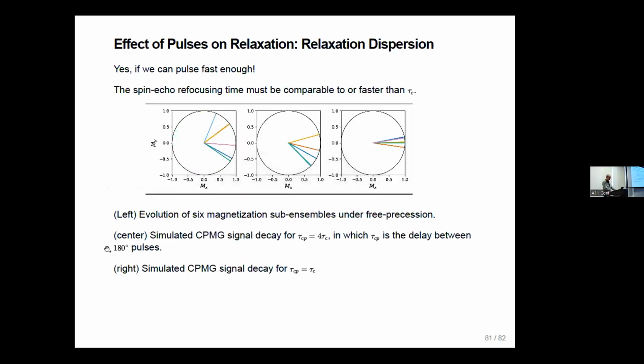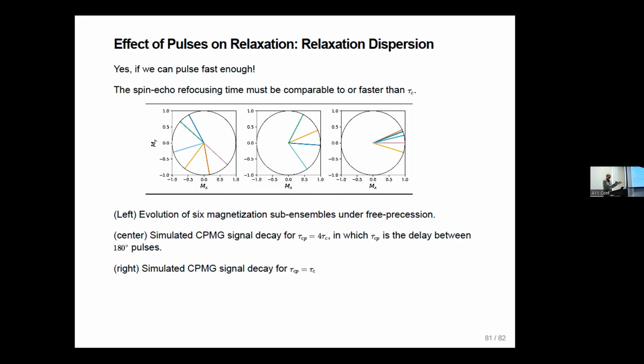finish. Here's a simulation in which I have the free precession. In the middle, I have 180s at a relatively slow repetition rate. And here I have the 180s at a fast repetition rate.